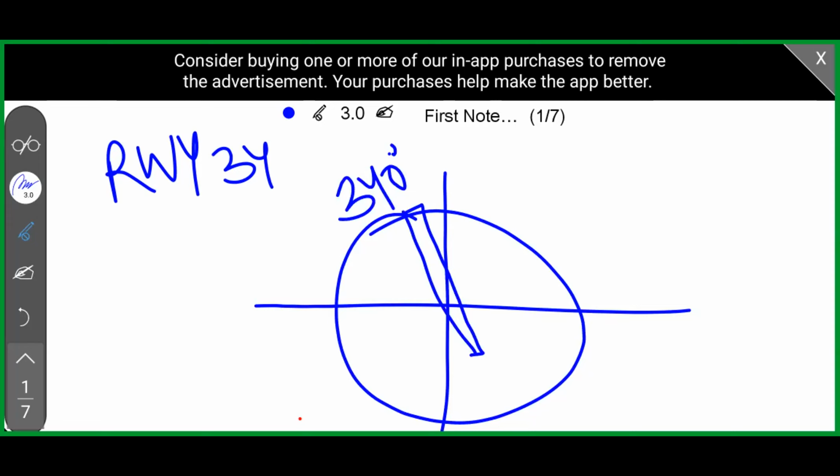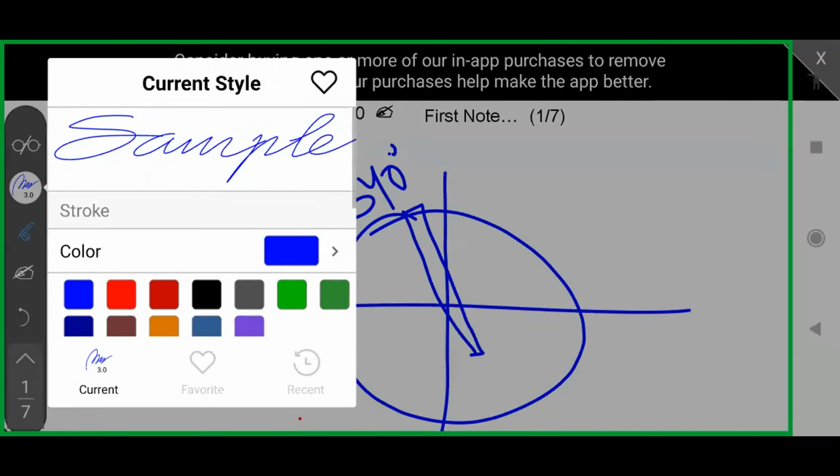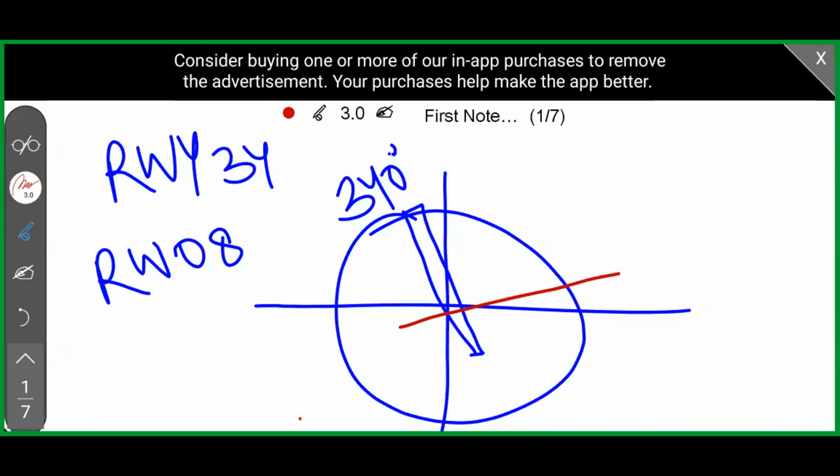If someone is saying runway 08, it means this runway is making 80 degrees with the Earth's magnetic field.